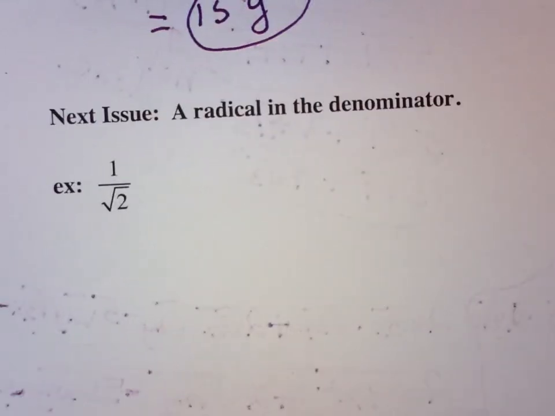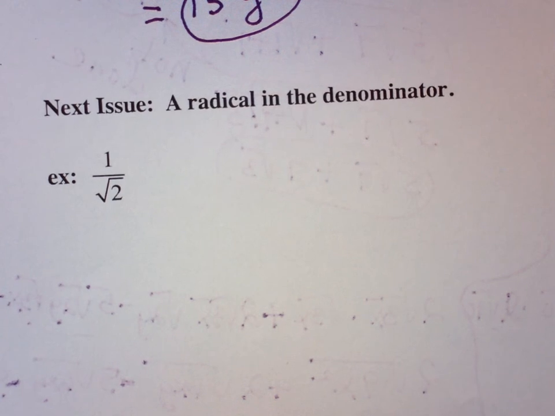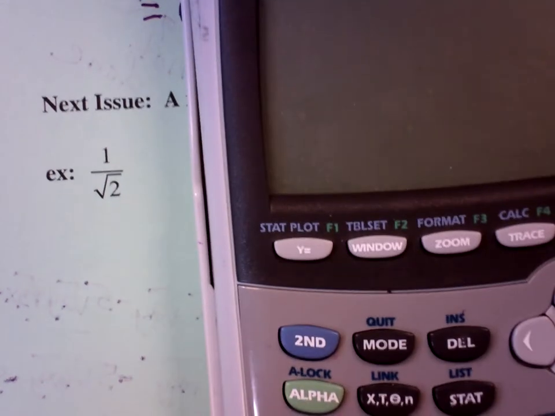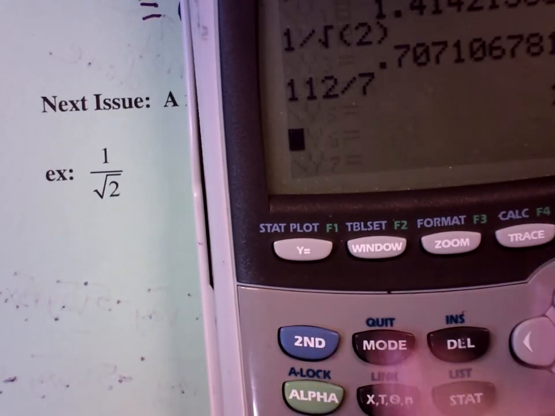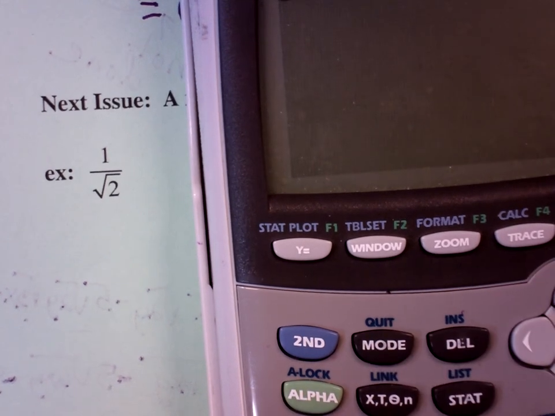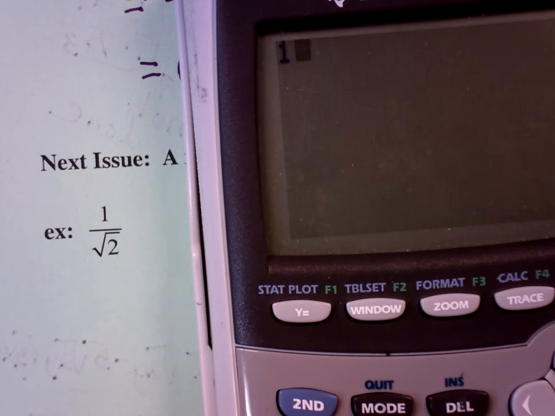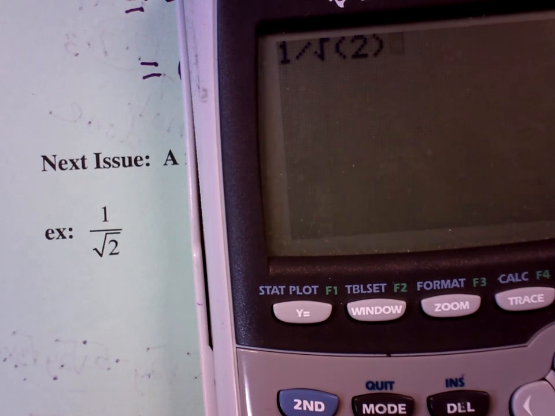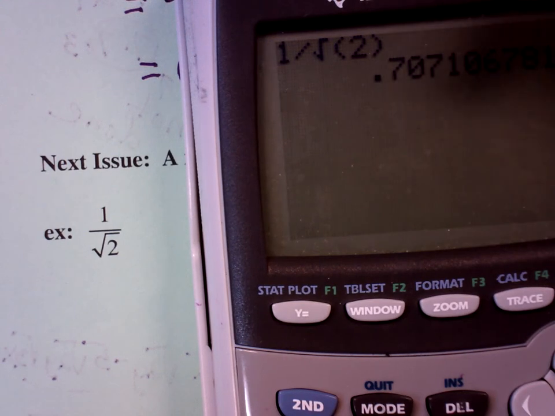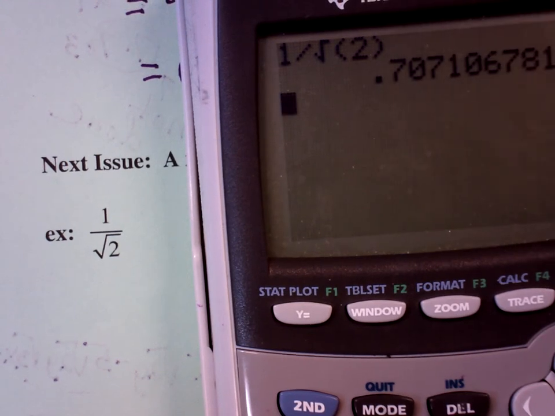Now, with today's technology, if I were dealing with this in particular, I wouldn't have to worry, because since it's a number, if I would take 1 and divide it by the square root of 2, I could come out with, I know for sure, 3, 6, 9 decimal places of accuracy.